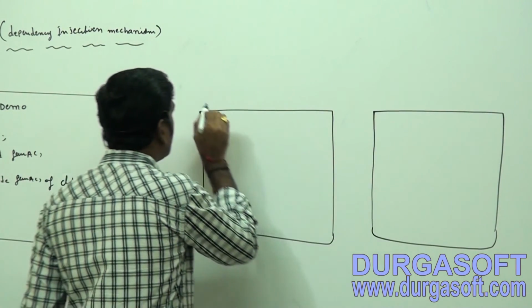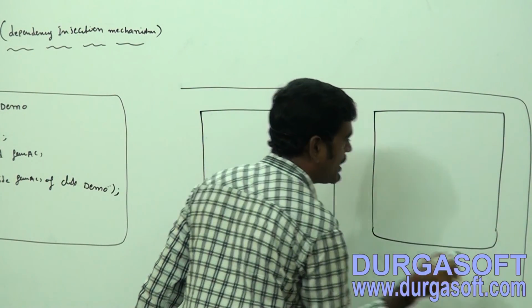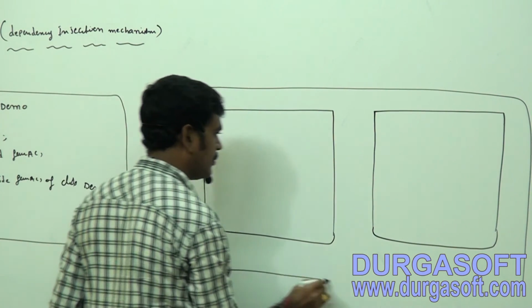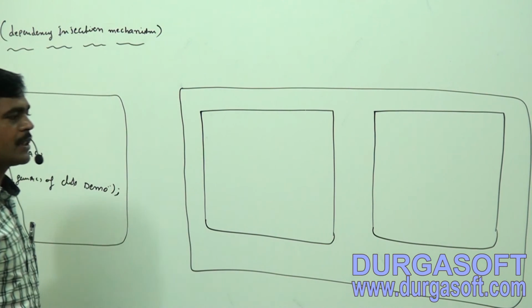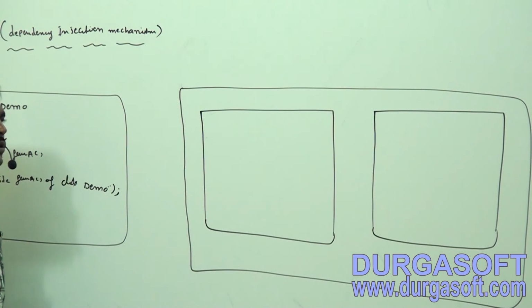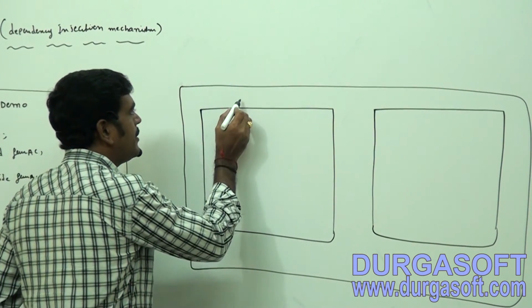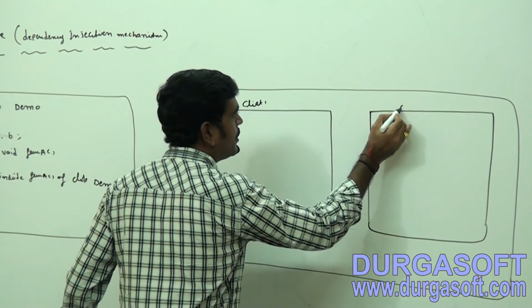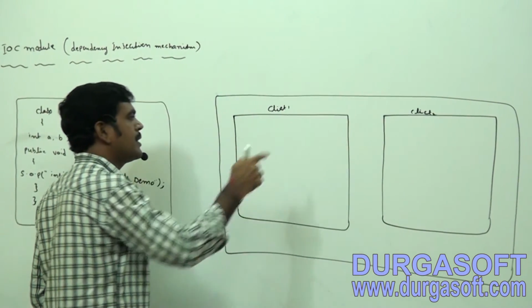These two components are available in our project. This is client 1, assume that. This is client 2.